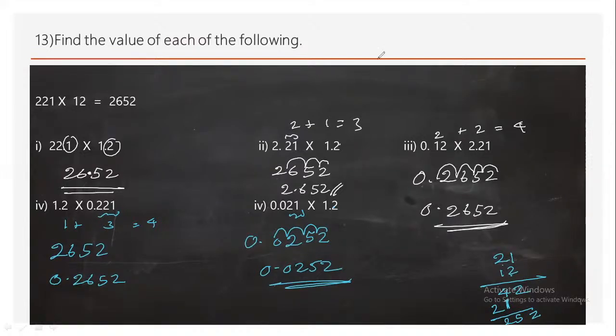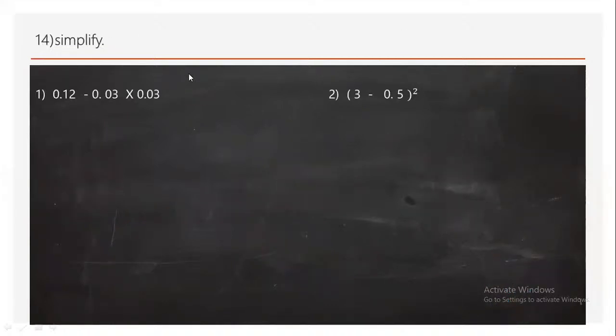Question number 14. Simplify. Here, do subtraction, multiplication. So firstly, what you have to do? Multiplication of this. 0.12 minus 3 times 3, 9. How many decimal places? Here, 2, 4.